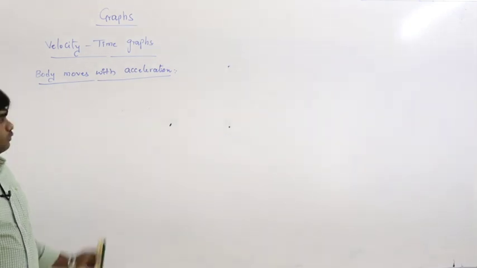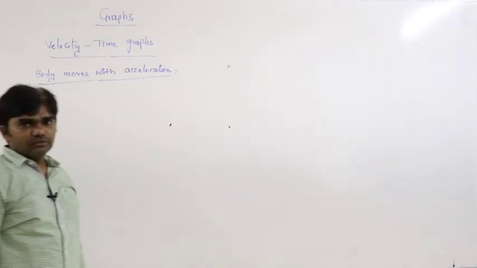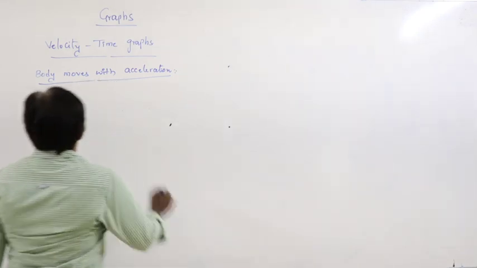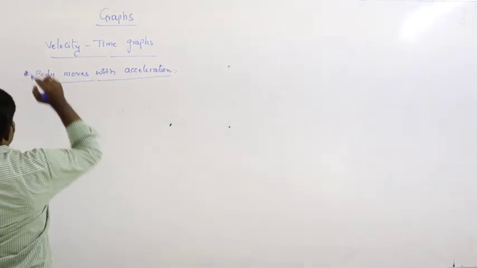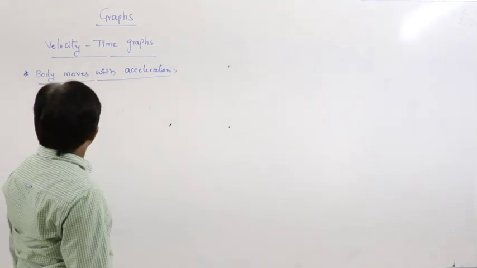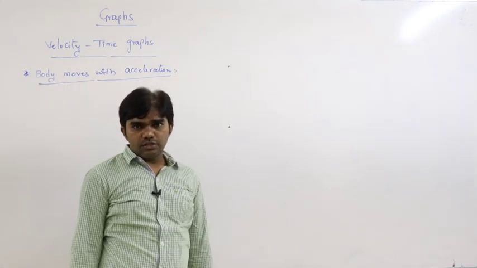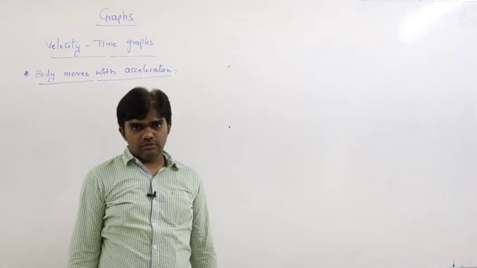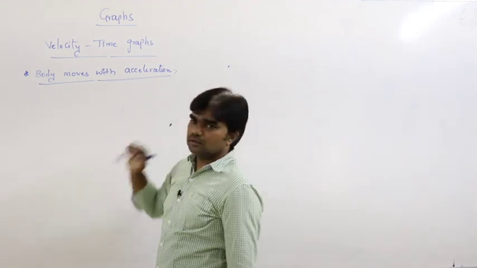For this, we have to represent the velocity time graph. That is important. Body moves with acceleration. Now we can draw the velocity time graph for this condition.